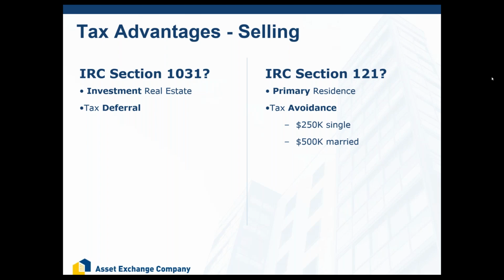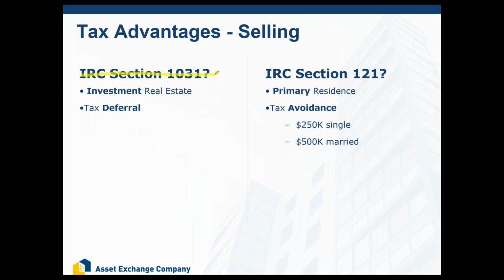And the tax break that you get when you sell property depends on the type of property you sell. Now, there are two tax laws that everybody needs to know when they're selling property, okay? You need to know about Section 1031 of the Internal Revenue Code, and you need to know about Section 121 of the Internal Revenue Code. These two tax laws will come into play on almost every property you list, right?